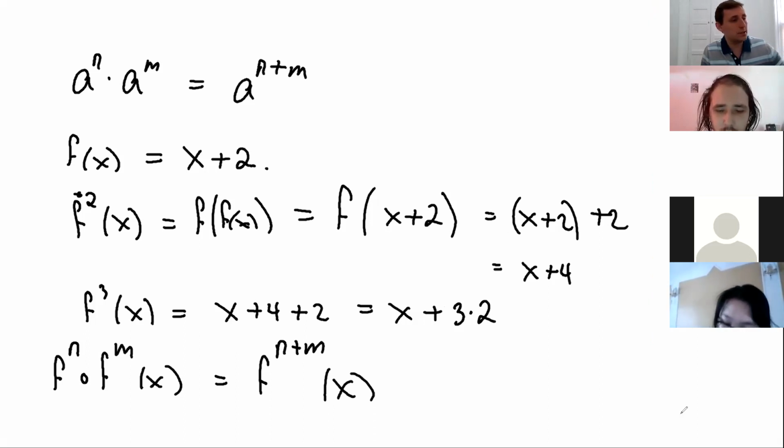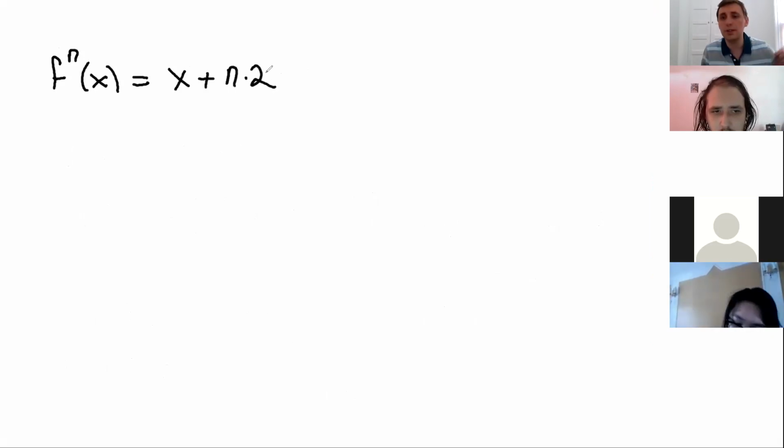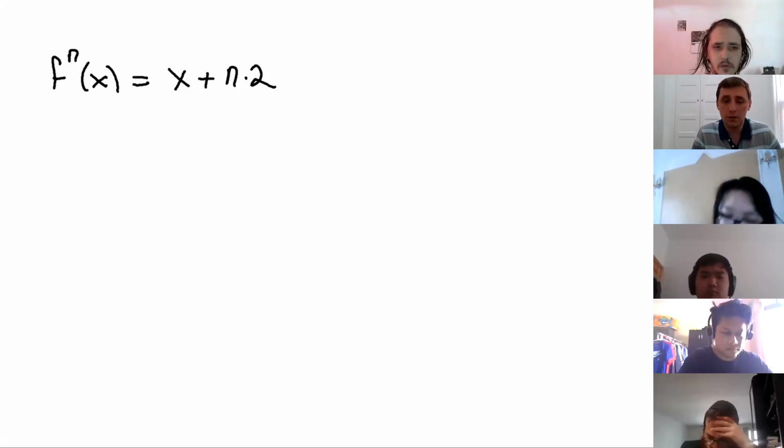And it's a very difficult thing to study. So f n of x for our case is simply x plus n times 2. For this very simple function, it's easy to find notation for it.